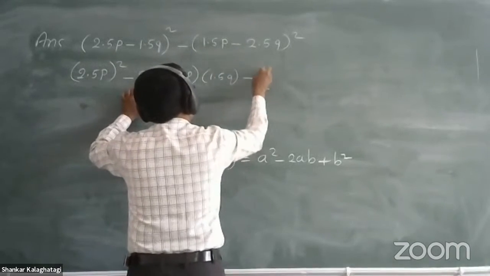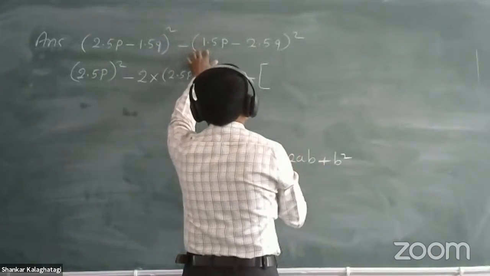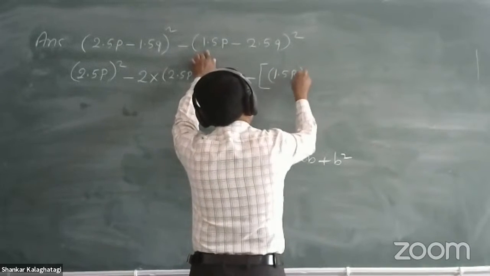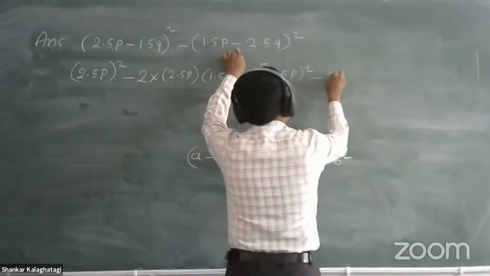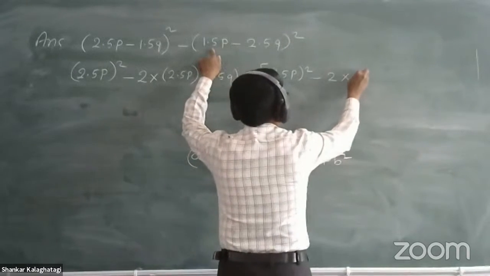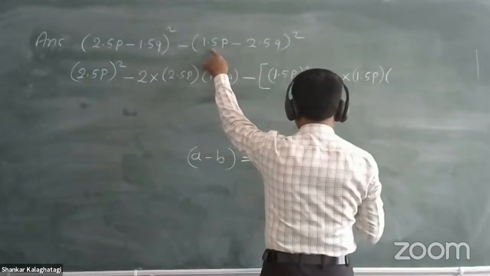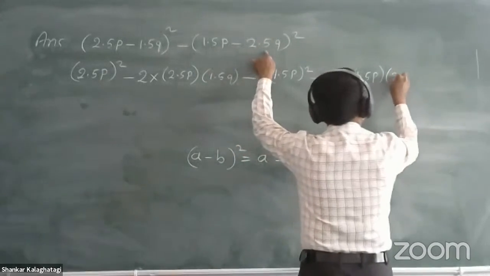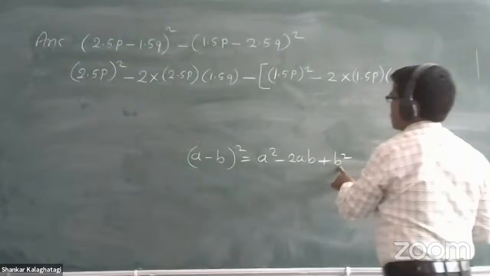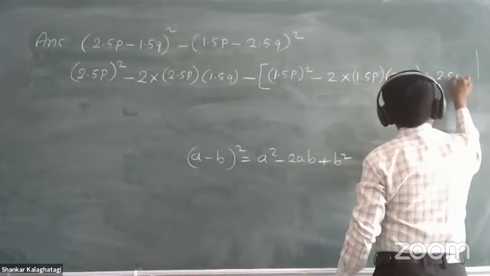Minus sign is there, put bracket. So 1.5q, again the same identity we are using. Here (1.5p)² minus 2 times a, first term again 1.5p, put bracket, into b, second term 2.5q, plus b square, second term square (2.5q)².